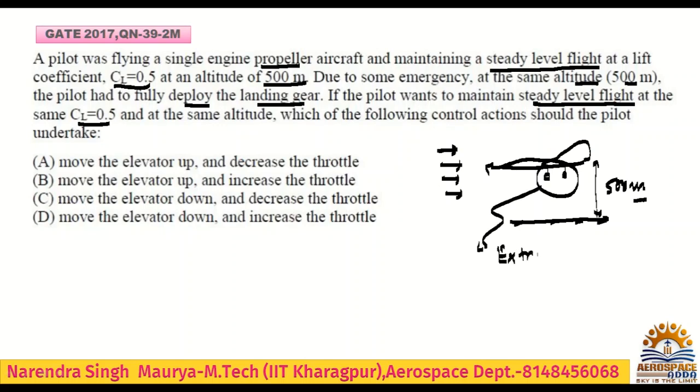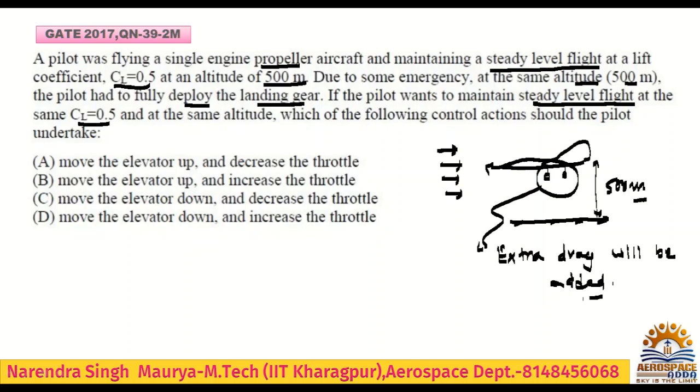No doubt about it. From the normal condition, once the landing gear is deployed, extra drag will be added. That is one thing you need to keep in your mind.